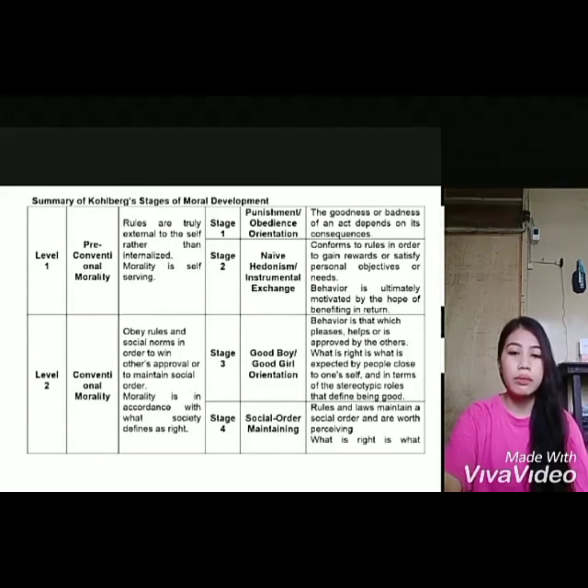And under level 2, we have here stage 3 and stage 4. Stage 3 is the good boy, good girl orientation. Behavior is that which pleases, helps, or is approved by others. What is right is what is expected by people close to oneself and in terms of the stereotypic rules that define being good.